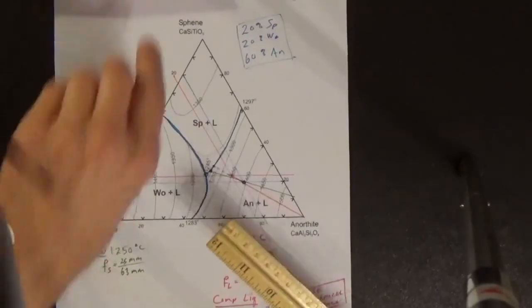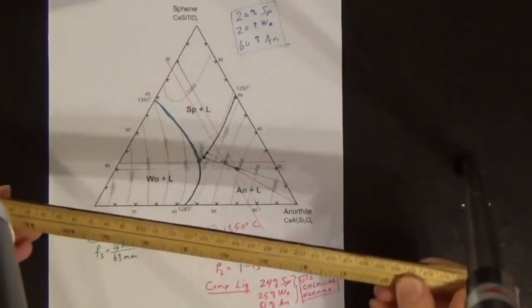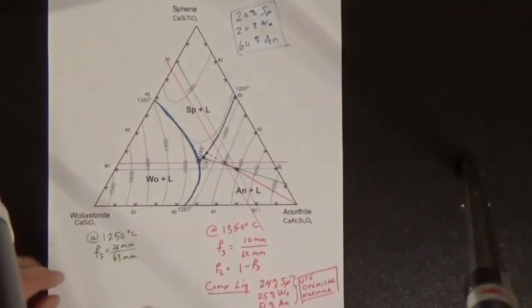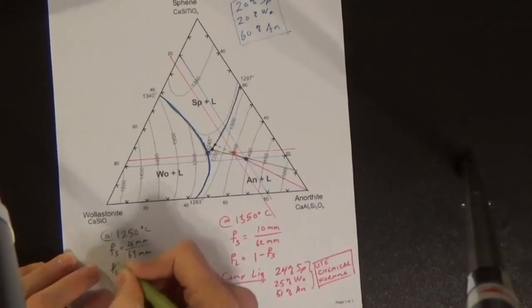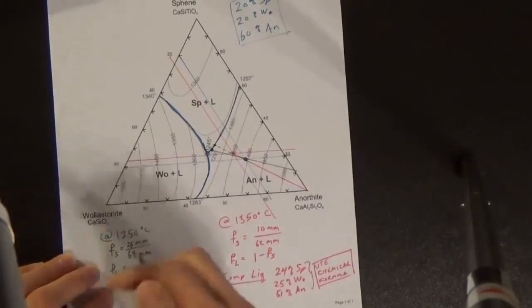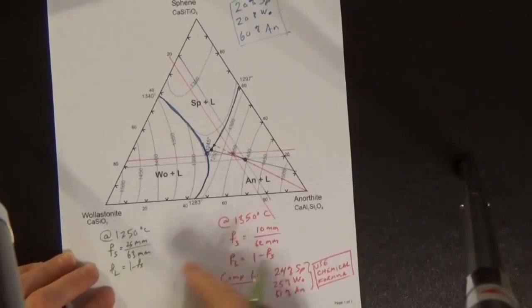So when you come to take the quiz, you're going to want to bring a ruler. It's handy. And then the fraction of liquid is equal to 1 minus the fraction of solid.